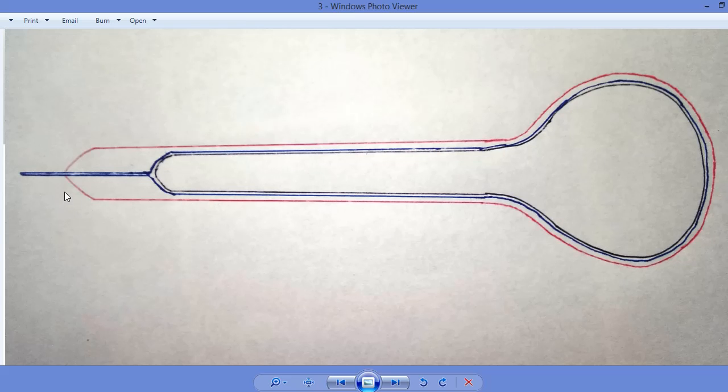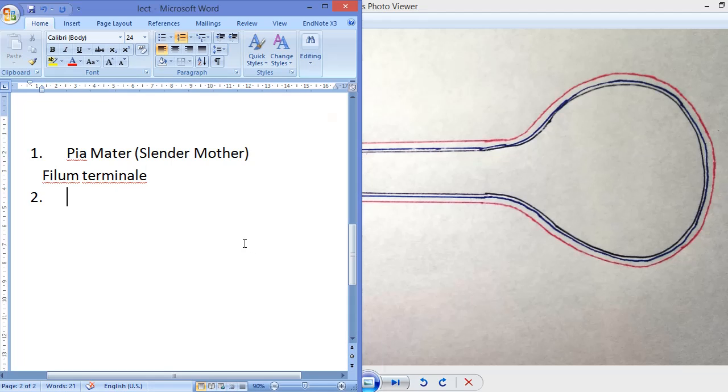This is the second layer of the meninges, the second layer which encloses the brain and spinal cord, and this layer is called arachnoid mater.